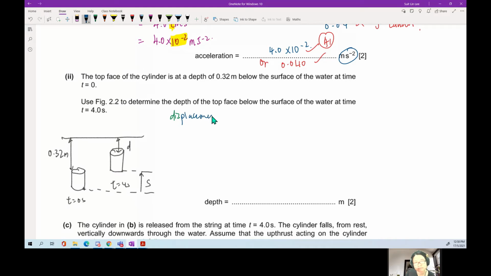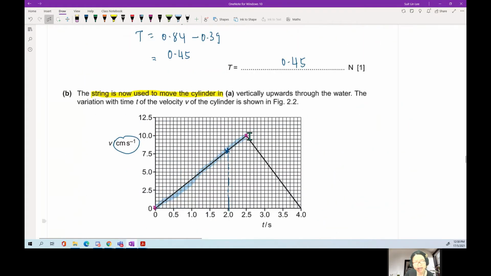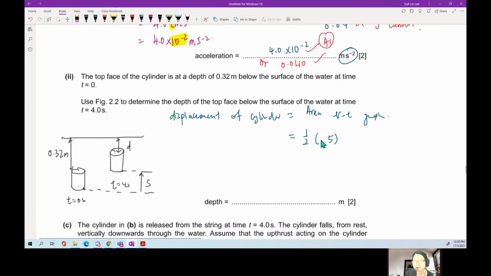Displacement of cylinder is equal to area of your VT graph. Announce my intent. Half, height is 2.5, I think, is it? No, height is 10, base is 4. Okay.